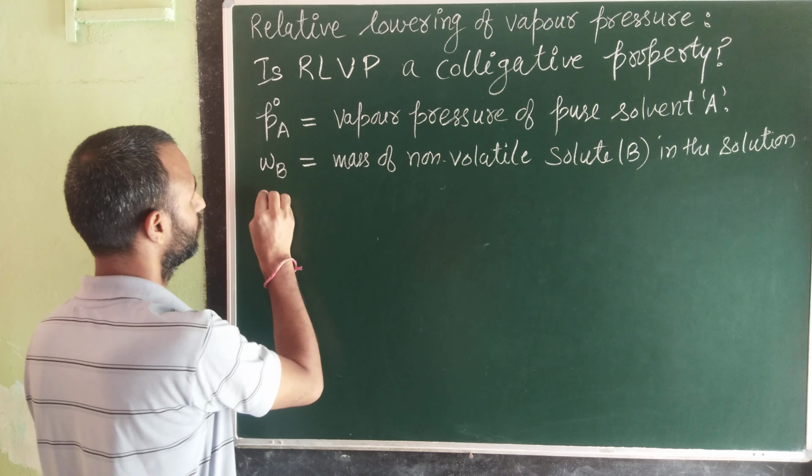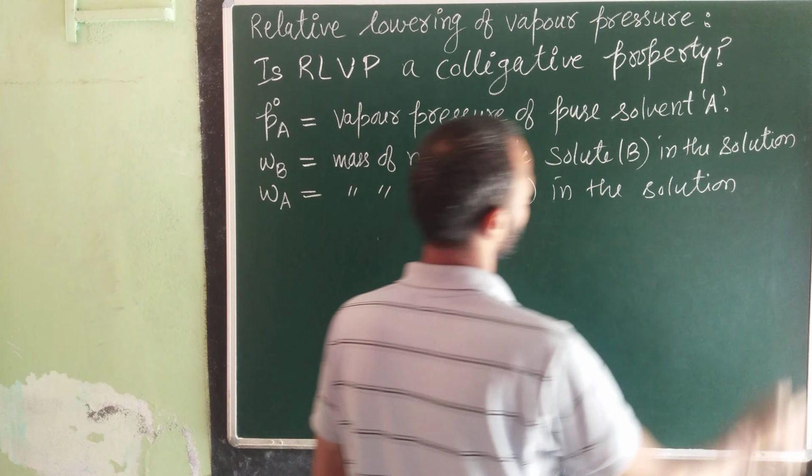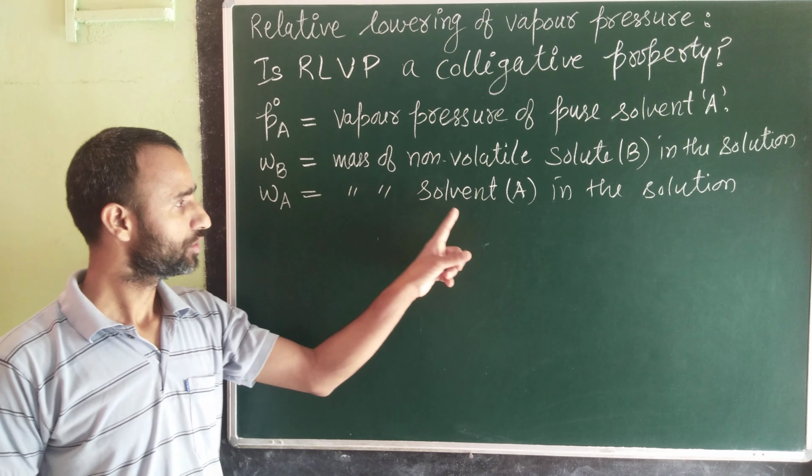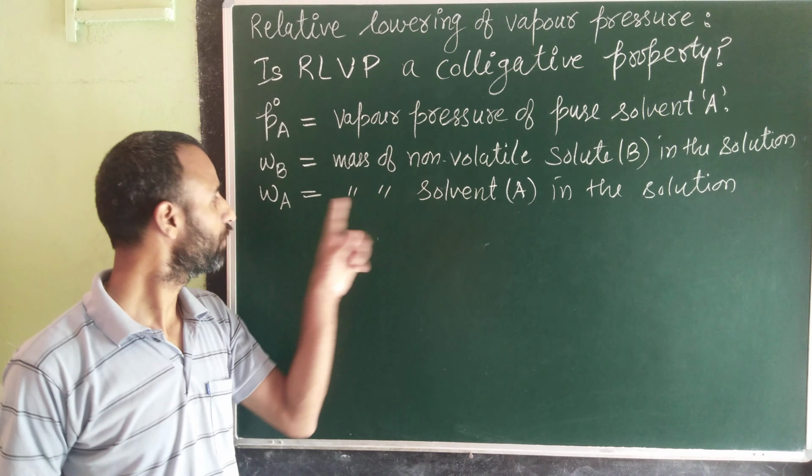WA mass of volatile solvent A, obviously in the solution. Solute has weight WB, solvent WA in gram, right?